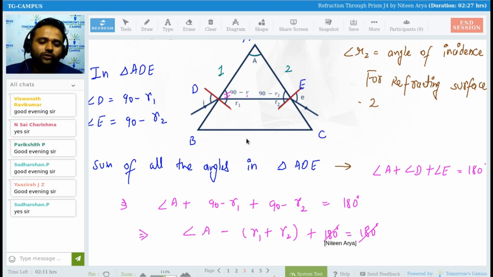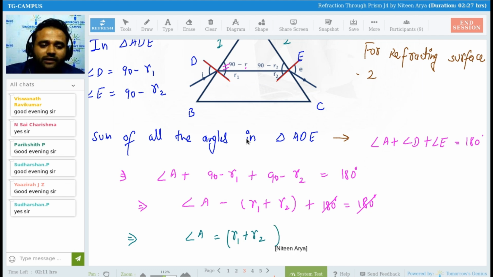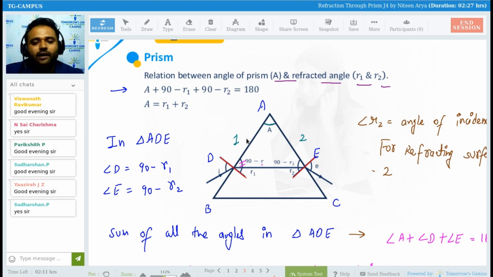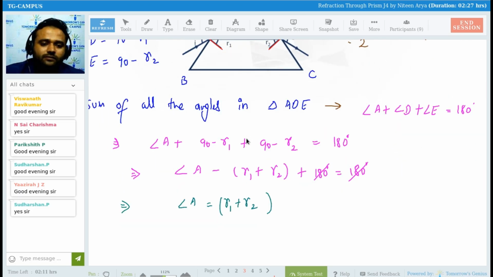So this 180 cancels with the other, or you can do this in a reverse way also. You can subtract that. So this gives me angle A, which is the prism angle, is nothing but the sum of R1 plus R2. And again notice this thing, angles R1 and R2 are not in the triangle ADE. R1 is the angle of refraction from refracting surface 1, and R2 is the angle of incidence for refracting surface 2. So that is the important equation number 1. Is this clear? We proved equation number 1 in general using this.